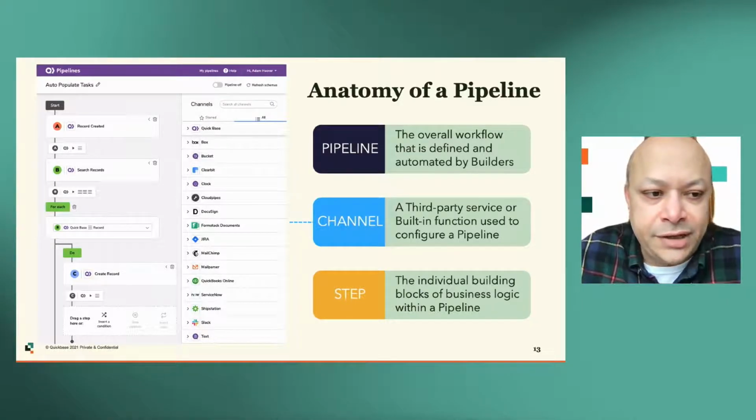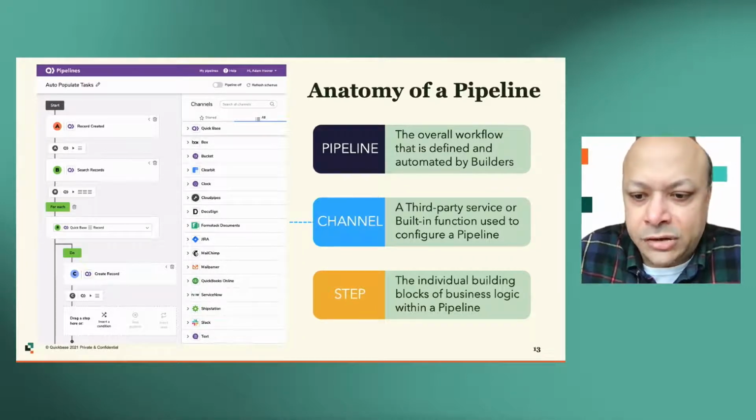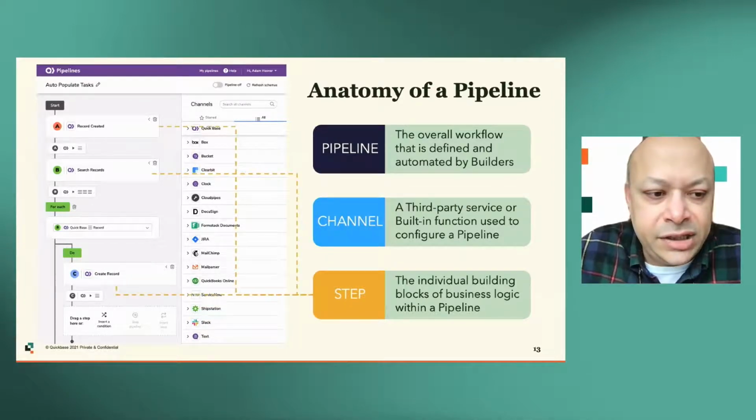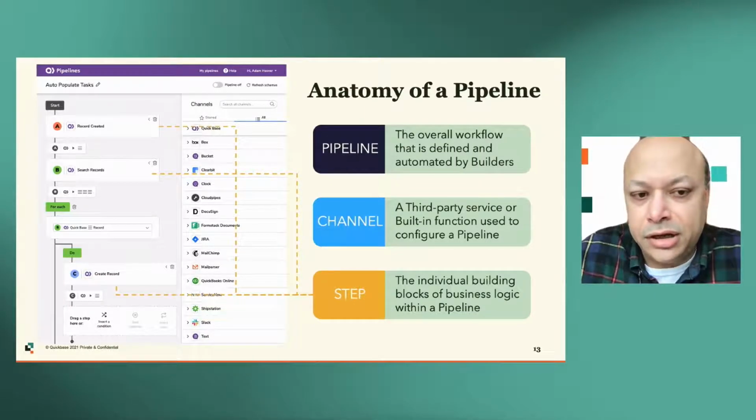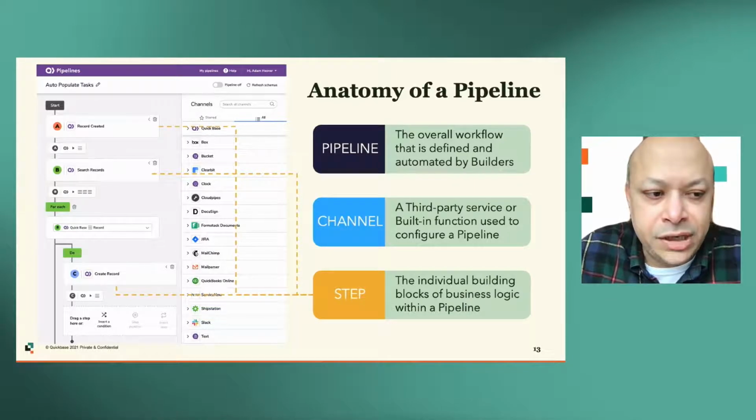Once you've defined the trigger in terms of when a pipeline will get called, you can create your workflow, and we call those steps. These are the individual things that you can write to do that complex logic. For example, you could say, okay, great, I've retrieved all these records.